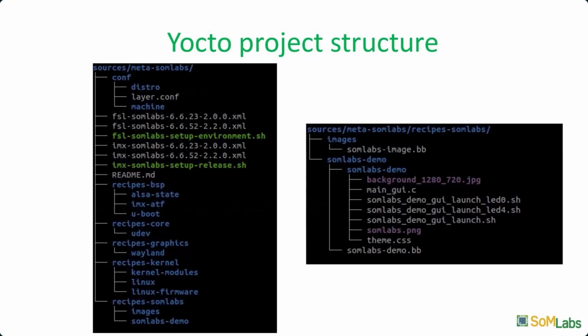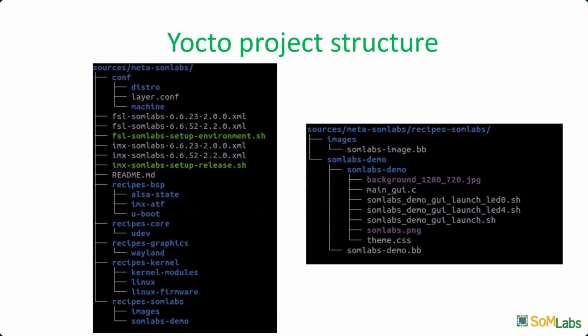And in each meta layer we find also recipes directories which contain software components. So, for example, recipes PSP is a directory that contains all the bootloaders and low-level software packages. We have also recipes kernel with the Linux itself, and also recipes SoMLabs in this meta layer with some application demos.